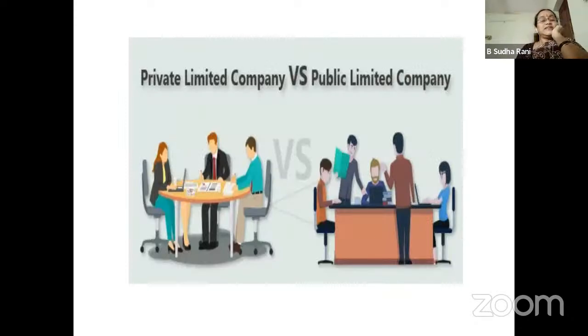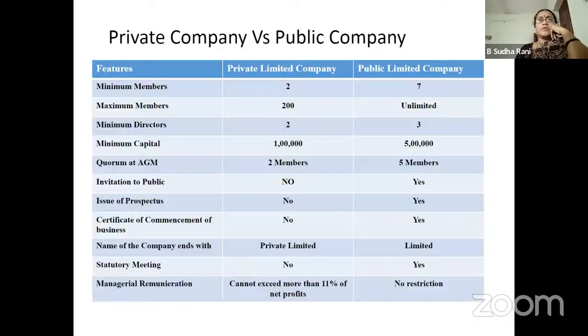Now let us see the difference between the public and private companies. Public company, a company which has more government sharing. Private company is that which has less share. Okay, so let us see private limited company and public limited company.